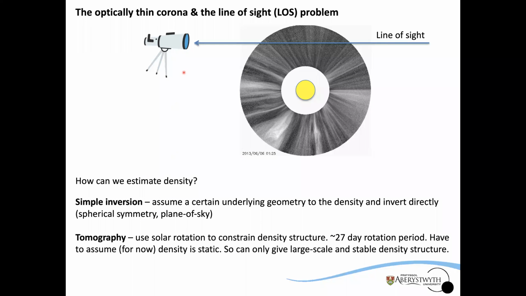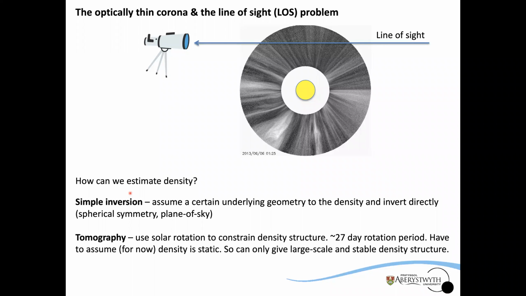So how can we estimate density with this line of sight problem? Now, the most common approach over the years, in fact, over a century, using eclipse observations, is a simple inversion where you assume an underlying simple geometry to the density. So, for example, spherical symmetry, cylindrical symmetry, or just a local symmetry.